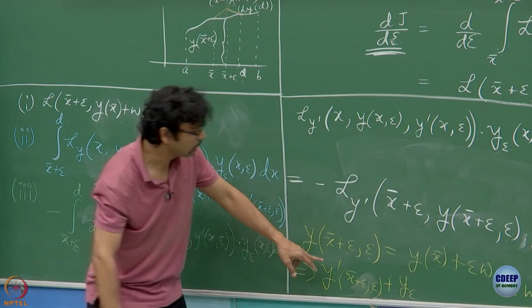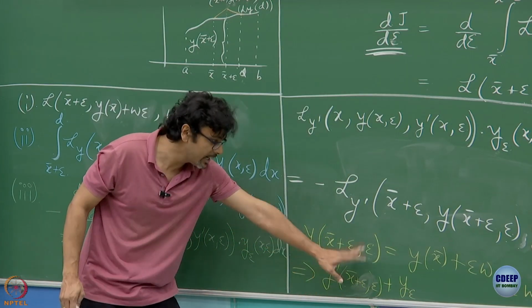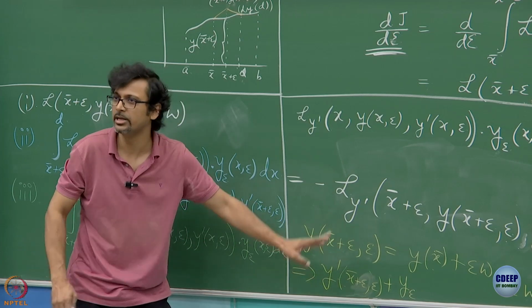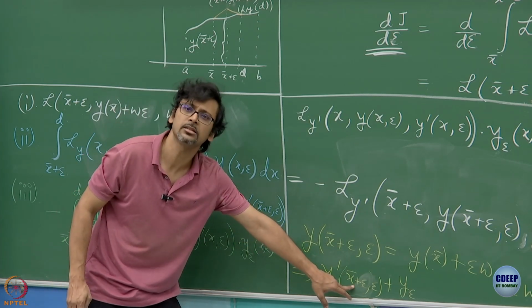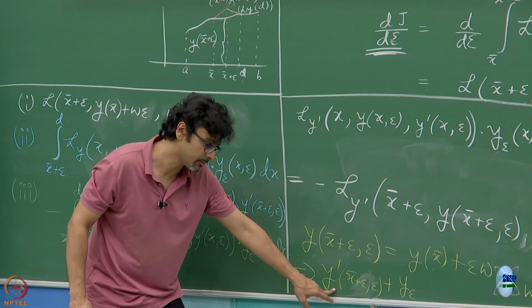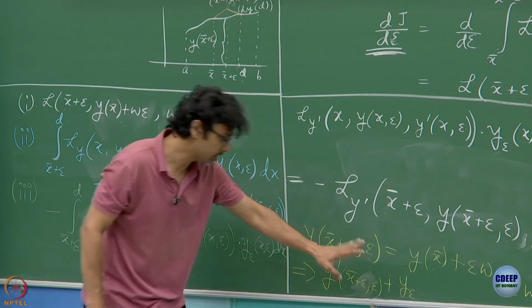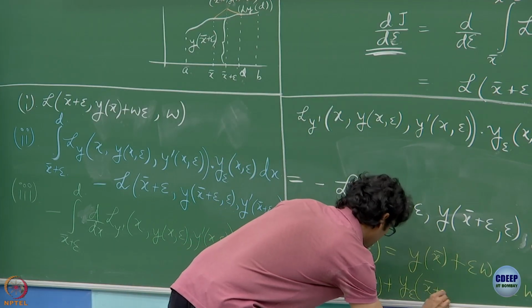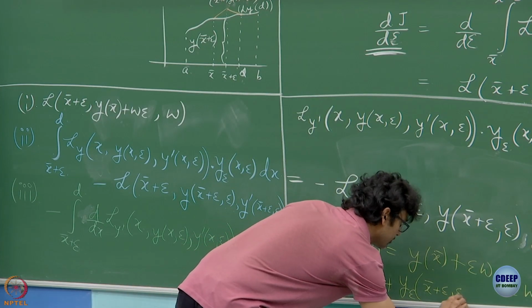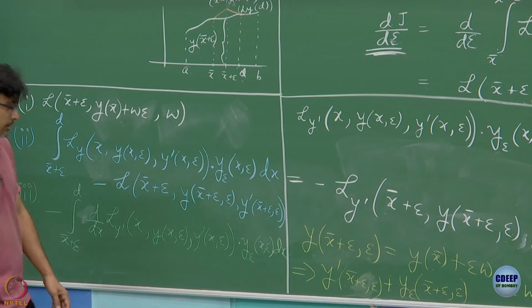See, I am playing on and off with this prime and this subscript x. Please allow me that abuse of notation, otherwise things get really messy. This prime is essentially derivative with respect to x. Sometimes I write x as a subscript, sometimes I decide not to. Loosely speaking, it's important to understand what's going on here.